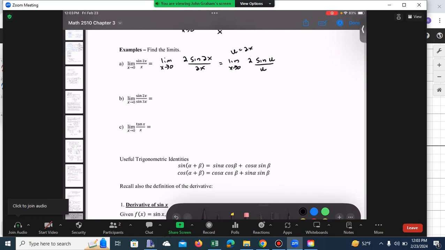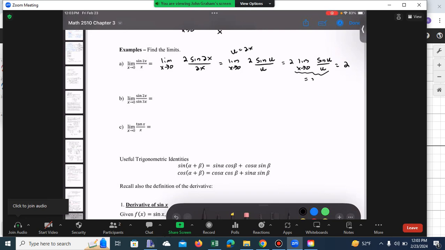This is just another variable. x and u are very similar. This section here is much like sine of x over x. So we can pull the 2 out in front. And so this ends up being equal to 1. This whole thing ends up being equal to 2.